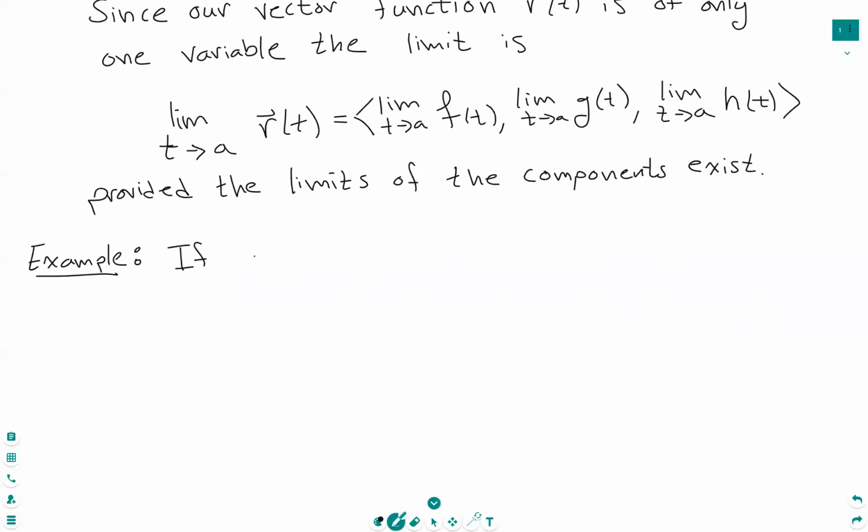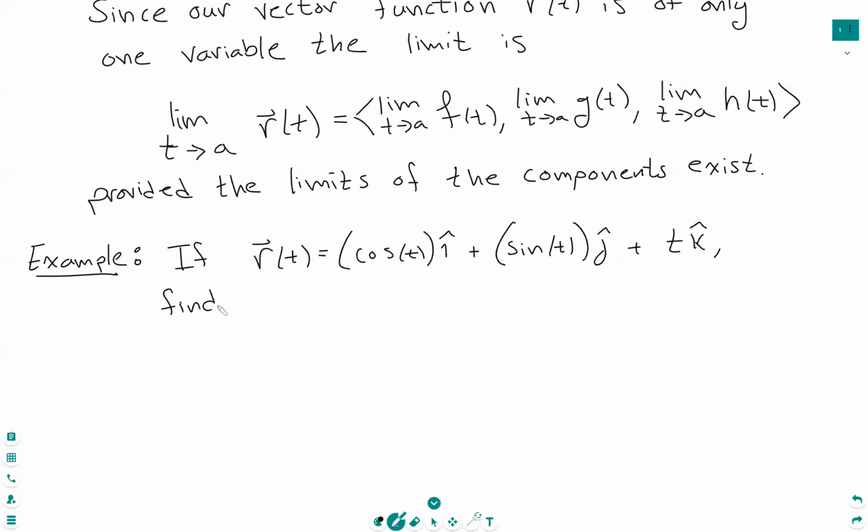If we have that this vector function, r of t, is equal to cosine of t times i hat plus sine of t times j hat plus t times k hat, find the limit as t goes to pi over 4 of r of t.